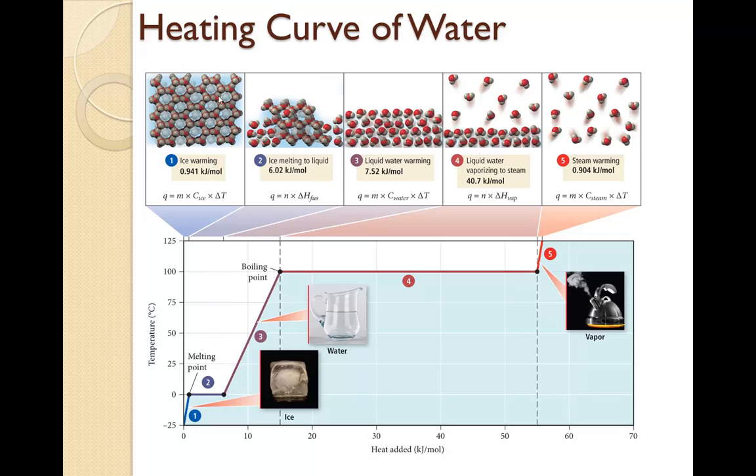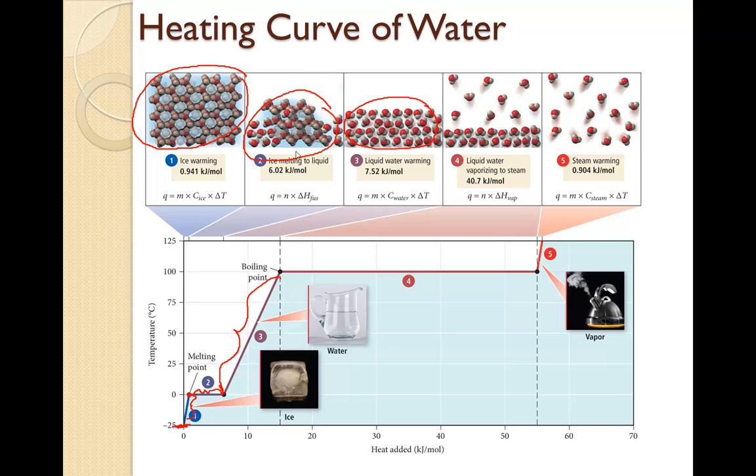As a solid warms up, the molecules are moving faster and faster until it gets up to the melting point, however cold it is to begin with. Once it starts to melt, the molecules start to break apart. There's no actual temperature difference while this is happening. And then once it's all broken apart, the temperature will start to rise again. This is the liquid warming up.